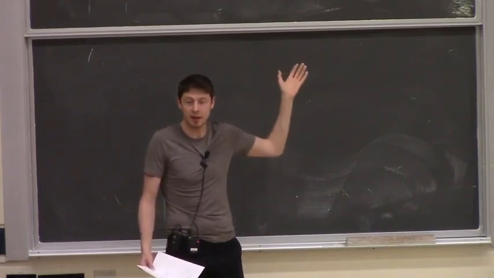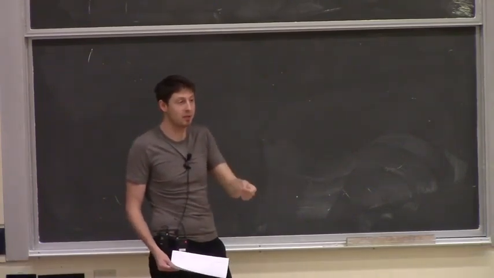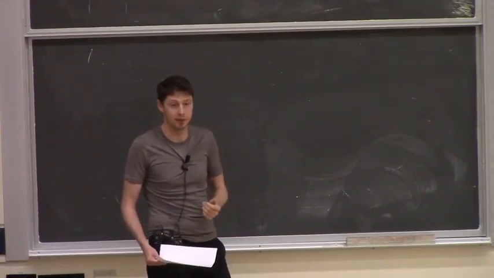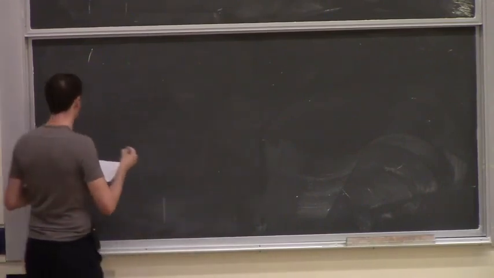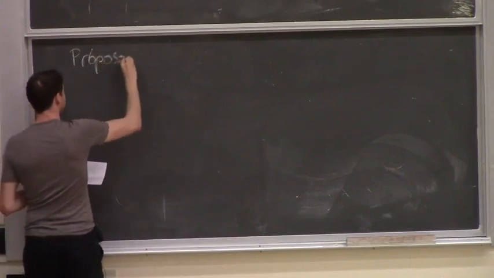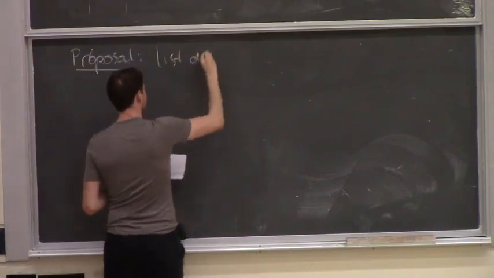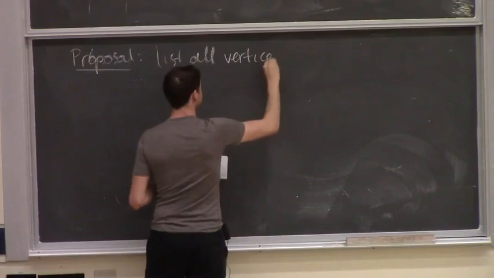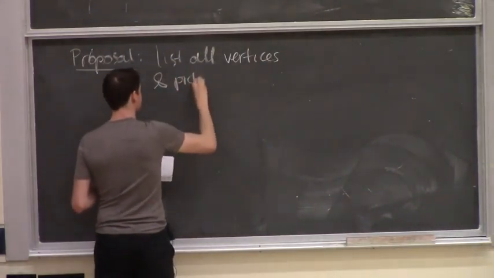Convexity will say that even though you've looked at finitely many points, the best among those finitely many will actually beat all the other infinite points in the feasible set of solutions. The proposal is: list all vertices and pick the best.